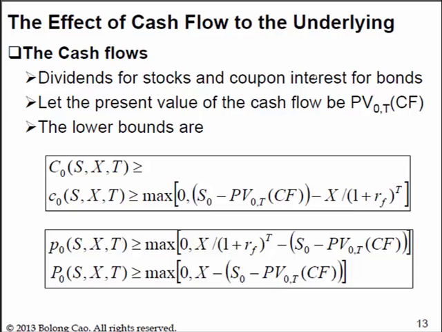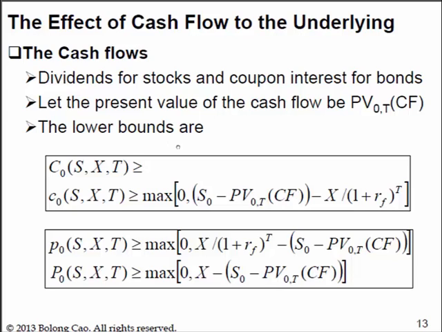Coupon interest payment to the bonds is also cash flows to the underlying. And here let the present value of the cash flow be PV from time 0 to time capital T of the cash flow. Whatever the cash flow is, just summarize them into the present value.